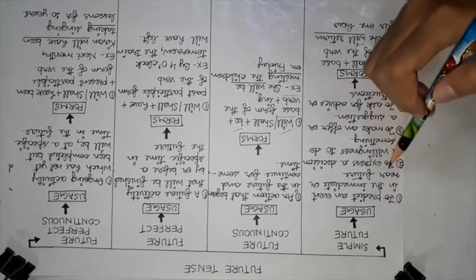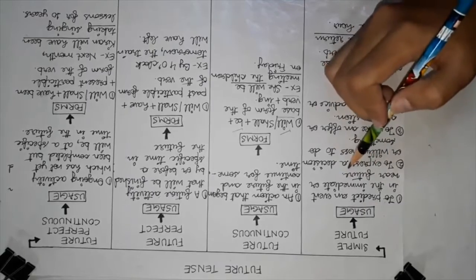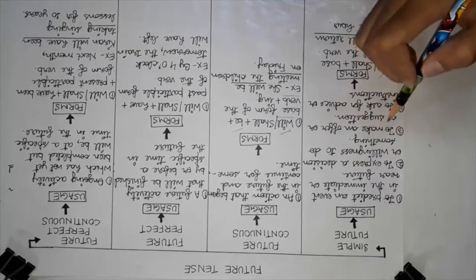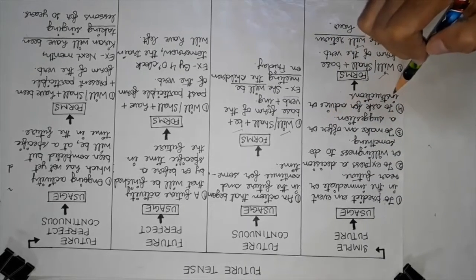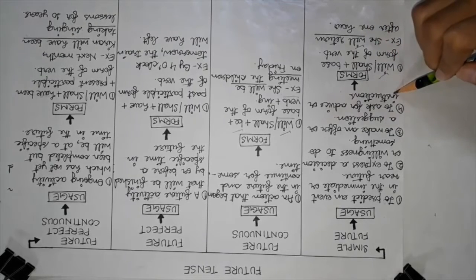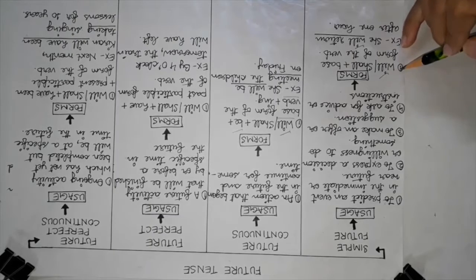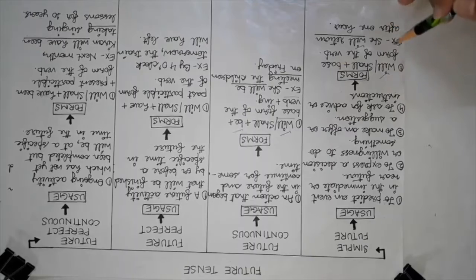And the usage for this is to predict an event in the immediate or near future, to express a decision or a willingness to do something, to make an offer or a suggestion, or to ask for advice or instructions. And the forms we get for simple future tense is will or shall. So here shall can also be used with base form of the verb. So here we have taken, she will return after 1 hour.